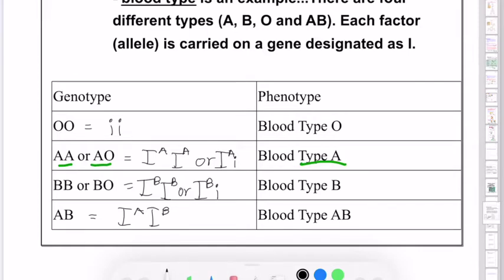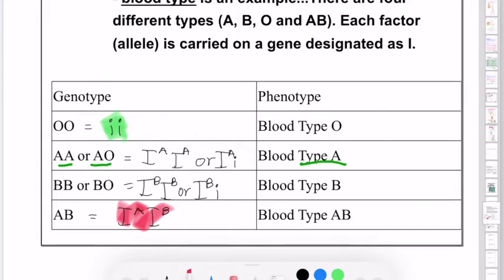So blood type O is the least common just because it's that recessive. So I've been using this green for recessive. That's our recessive trait. When we talk about our sort of middle trait, that would be our AB, just because that is something that is a mixture of the two.